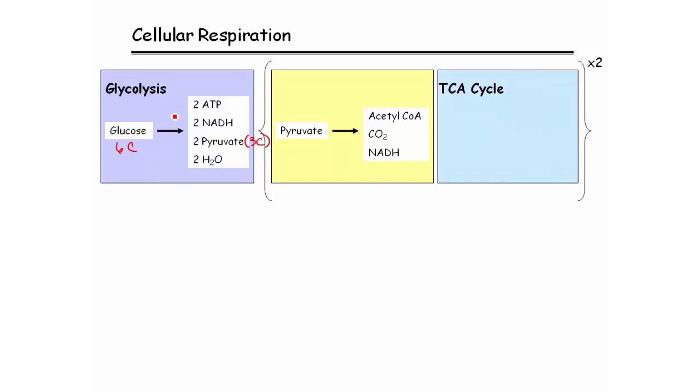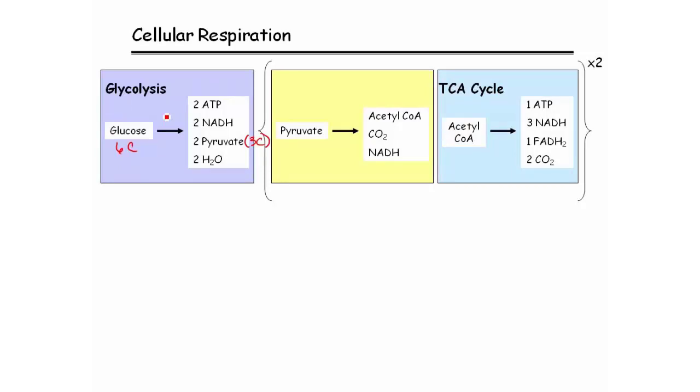A carbon dioxide will be removed, and we will also make 1 molecule of NADH. We'll then take that acetyl-CoA. It will be used for the citric acid cycle. And after we go around the citric acid cycle, we will get 1 ATP made by substrate level phosphorylation, 3 NADHs, 1 FADH2, and we'll also get 2 carbon dioxides made.